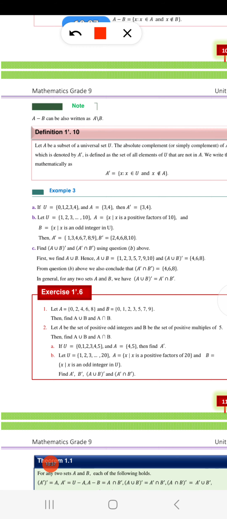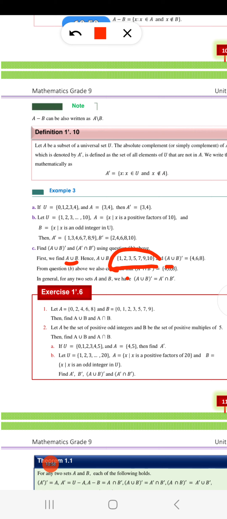Yeroo jiru we find A union B barbaanna. Jalqabatti A union B takka 2 3 4 okay takka 2 3 5 7 9 10 A union B dha.